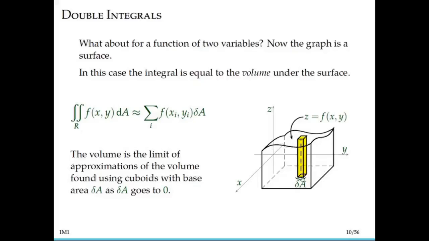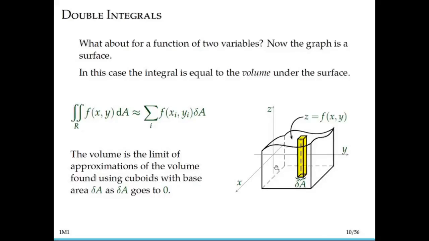We divide it up into small rectangles with area delta A, and we approximate the volume by these cuboids. One example here is shown in yellow, but we would fill up this entire volume by approximating it with cuboids. And then we take the limit as this delta A goes to 0, as it gets very small. And in that limit, we get the double integral. Okay, so this is the definition of the double integral.